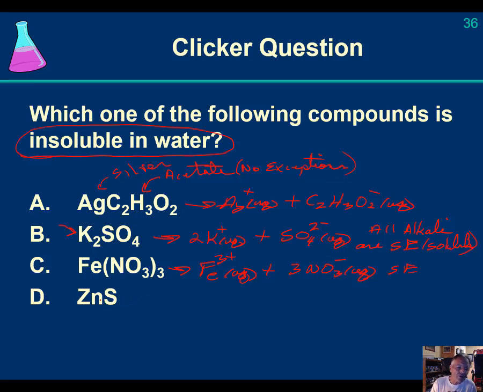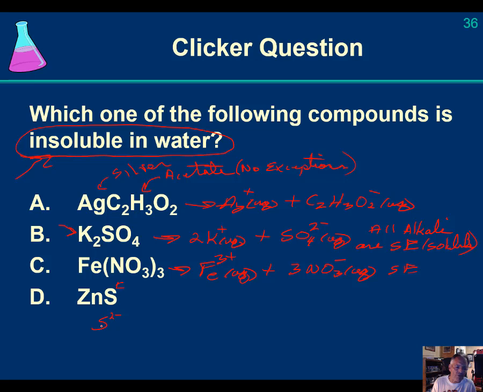All right, this is zinc sulfide. And sulfides, if you look on the bottom half of your solubility guidelines, what you'll see is that sulfides are mostly insoluble in water. There are a few exceptions like ammonium sulfide and any of the alkali metal sulfides, those will be soluble.